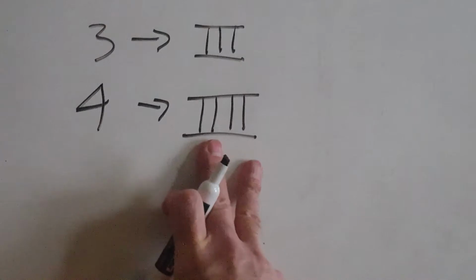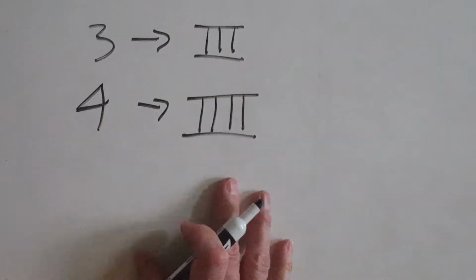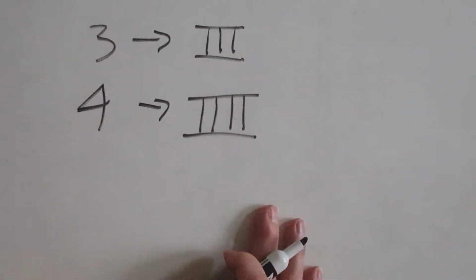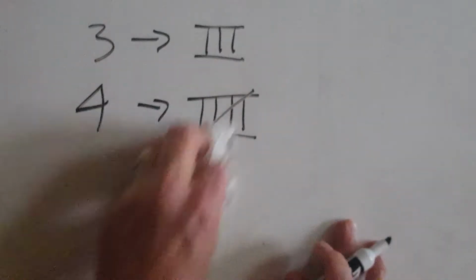It's 4 I's, but this is not really proper. So for 4, and really anything like it, they do a little bit of math, a little bit of subtraction.